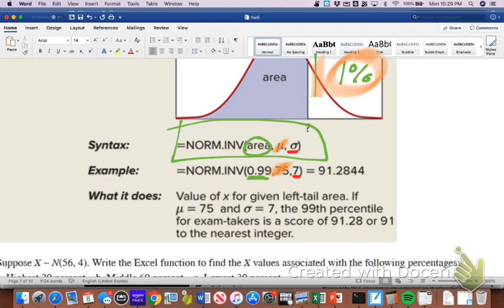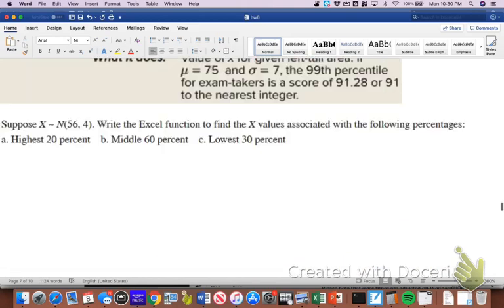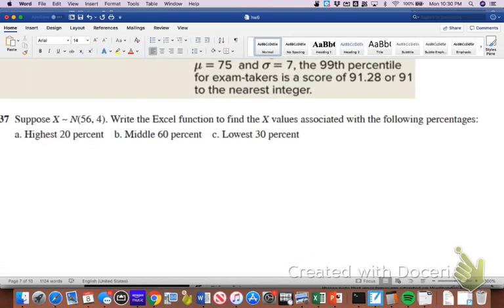So let's look at a couple of examples from the notes really quickly. First, it's asking you for the highest 20%. Again, the highest 20% is really asking you for the 80th percentile. You're thinking about it in terms of who you are better than. Well, you're better than 80% of the rest of us out here.